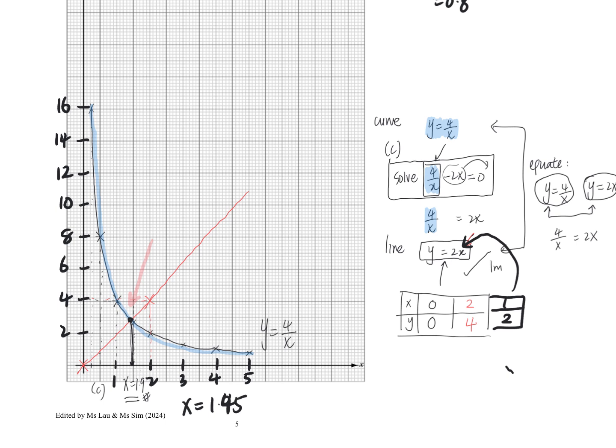So, only Yao Ting is awake. Because the rest just copy, right? Why is my eraser so big? Okay? Work hard for your future, people.